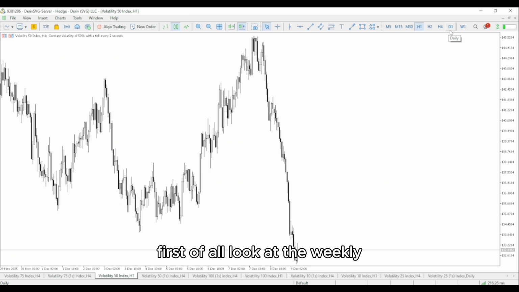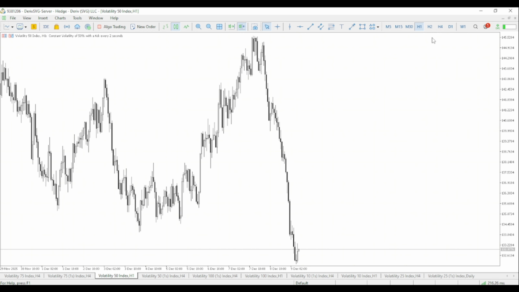First of all, look at the weekly chart, the daily chart first. Sorry, you get the analysis from the daily chart first, if you want to trade the H1 time frame. You understand? You first of all look at the daily charts, and then align the daily charts with the H4 charts analysis.